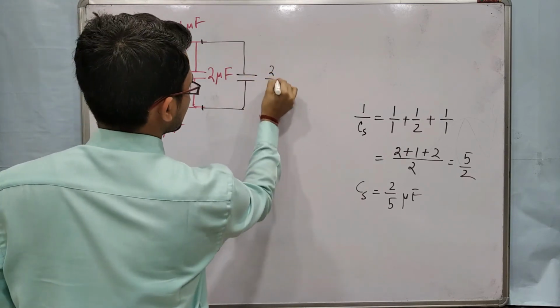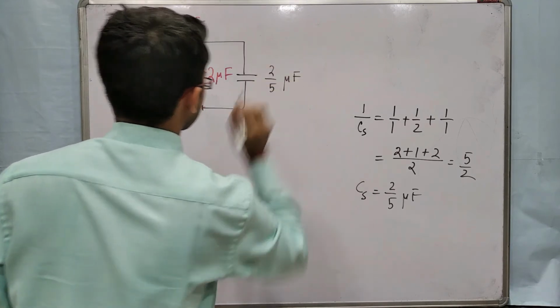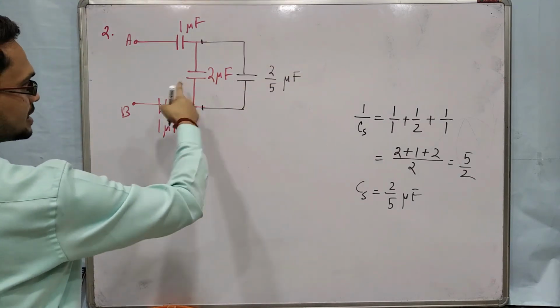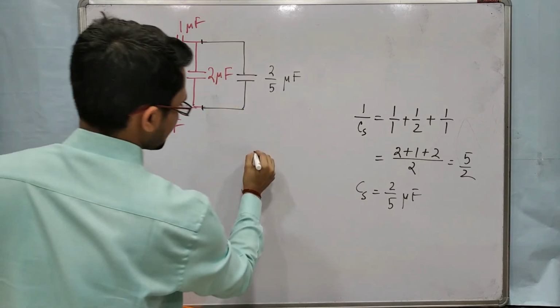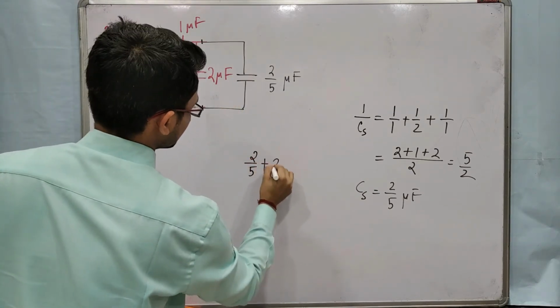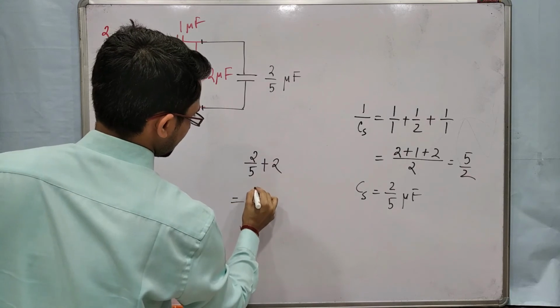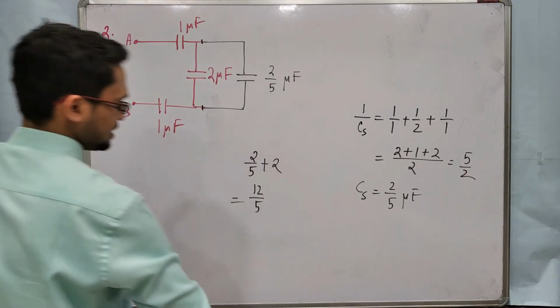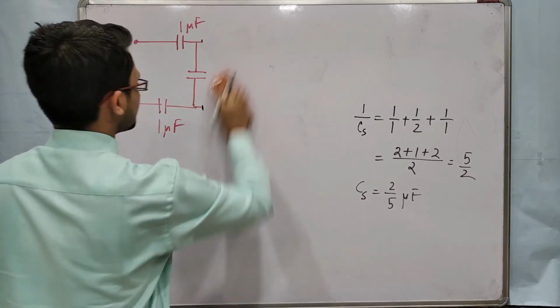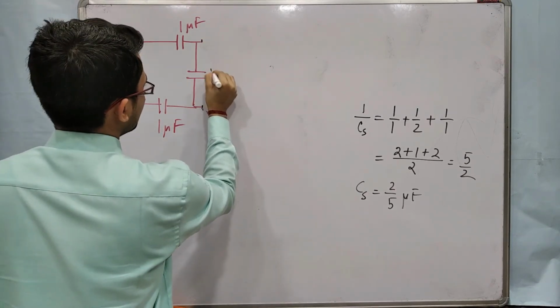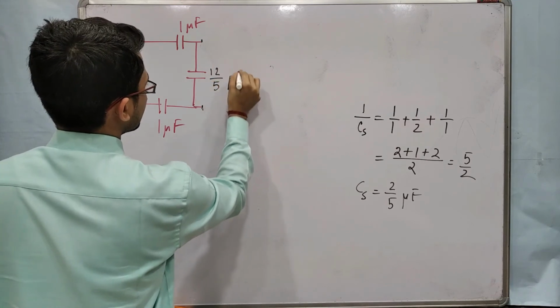Okay, so it is 2 by 5 microfarad. Now look at this part. They are in parallel. Parallel means simply add them. So 2 by 5 plus 2, then it will be 12 by 5, right? So 12 by 5. So remove this part. Now write 12 by 5 microfarad.